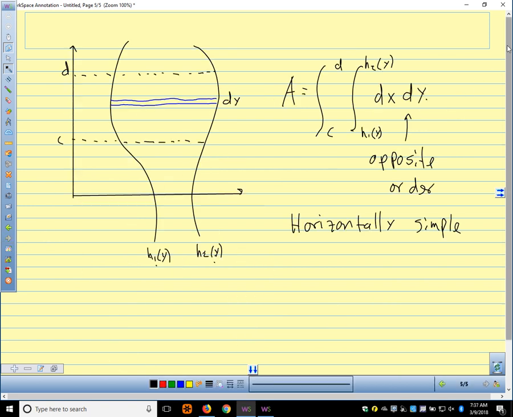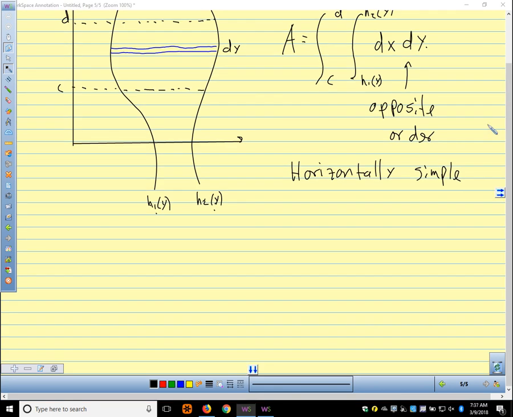All right. So one of the keys in chapter 14 is going to be going from the region to limits of integration.